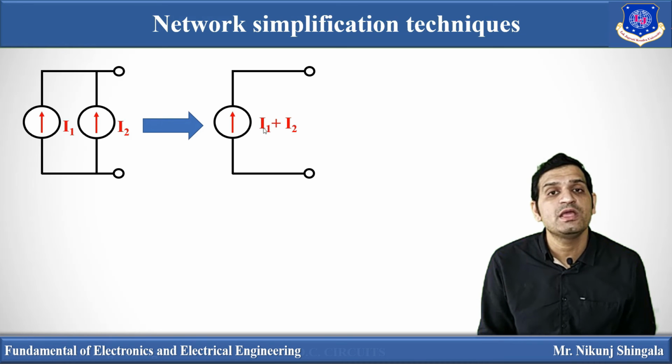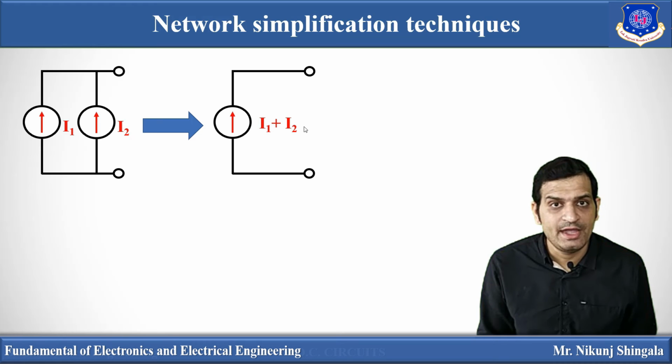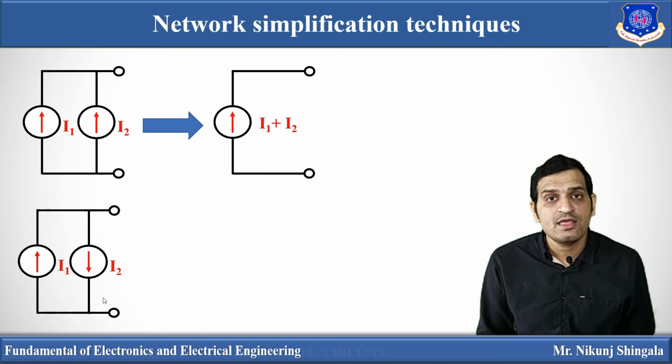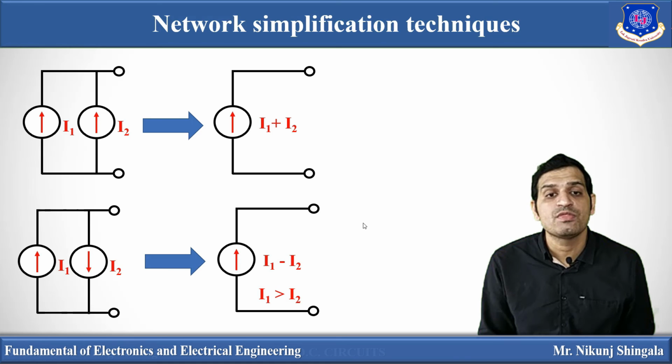So here the total current becomes I1 plus I2, and the arrow is in the upward direction because both current arrows are upward. Now in this case you can see the arrow of I1 is in the upward direction and the arrow of I2 is in the downward direction. So the total current I becomes I1 minus I2 if I1 is greater than I2, and the direction remains that of I1. If I2 is greater than I1, then it becomes I2 minus I1 and the direction will be that of I2.